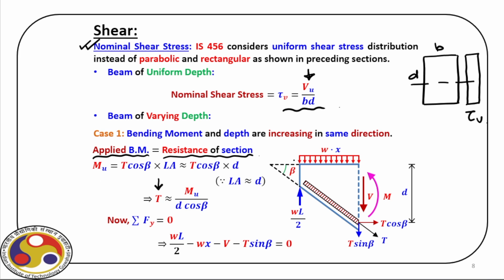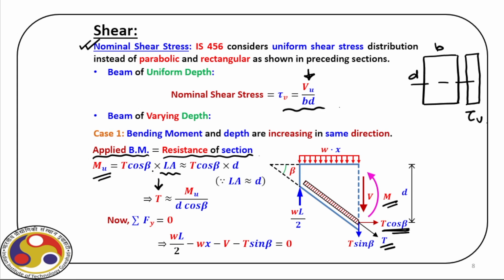If you recall, at that particular section, we know the bending moment. Now, because this is a varying section, the reinforcement is still inclined, parallel to the bottom surface. So, if we take a section here, this T is the tensile force. To find the sectional capacity, we first have to find the component in the horizontal direction, and that multiplied by the lever arm will give us the capacity that we have to balance with Mu.